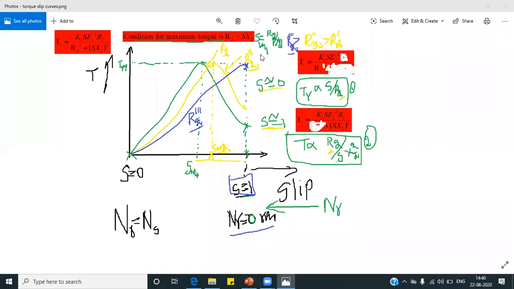That means you want maximum torque at starting itself. And you are asking about E2 and X2. In the problem, they will give you all those details. So that's it. I am just ending the session. Without wasting time, join that session again.